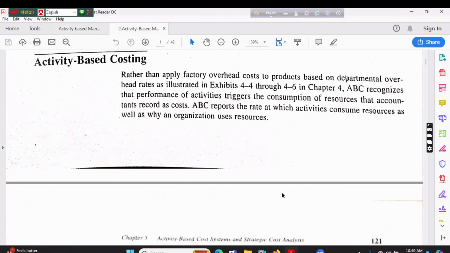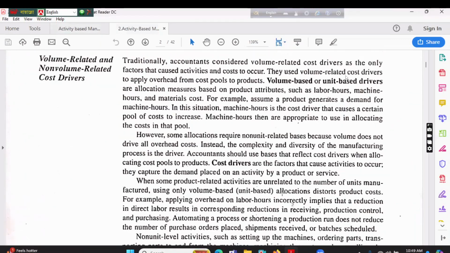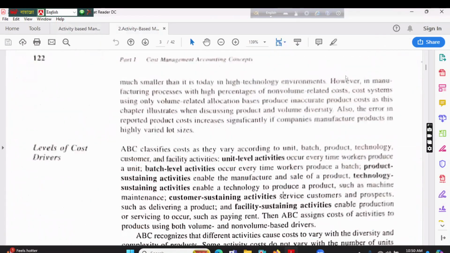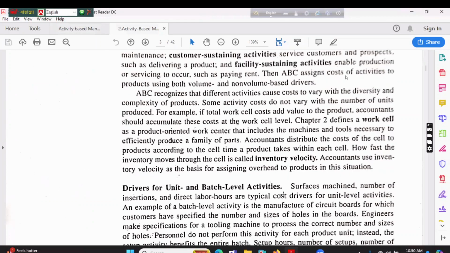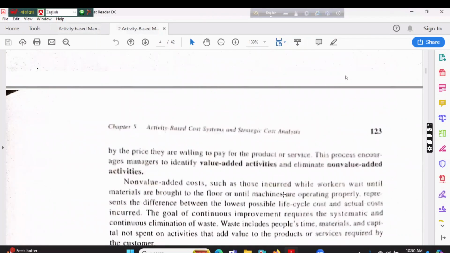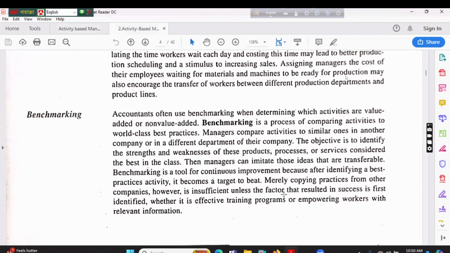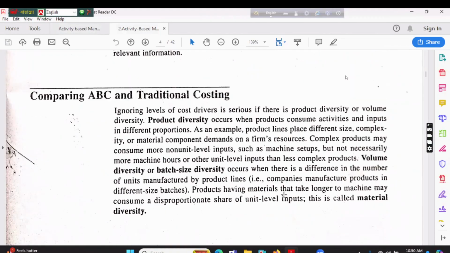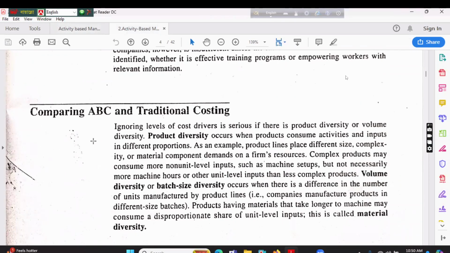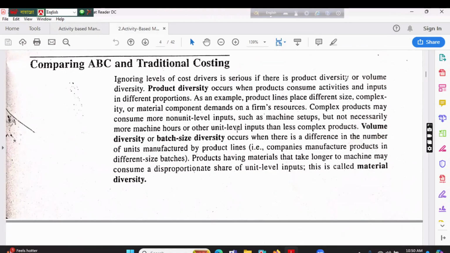This is from Ray Barn. Comparing ABC and traditional costing.